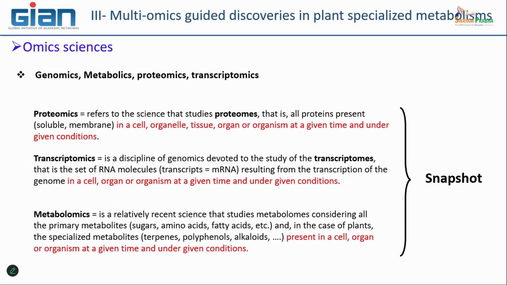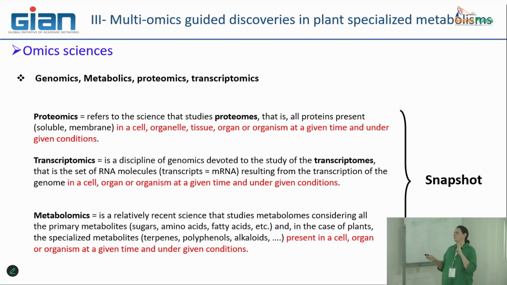And if we take a look at what happens with metabolomics, proteomics, or transcriptomics, it's completely different. Because even if it concerns, for example for proteomics, all the proteins that are produced in an organism, it is quite different because it depends on the cells, the organelle, the tissue, and also the time and the condition in which the plant or the tissue is.